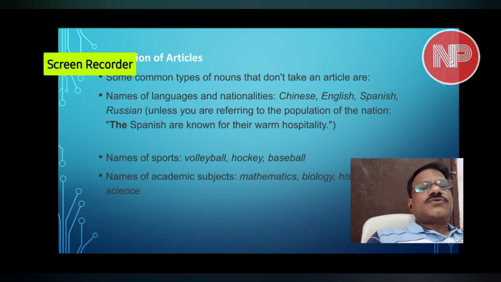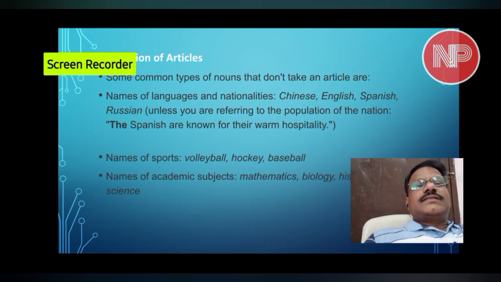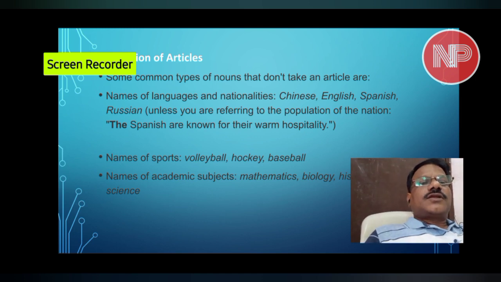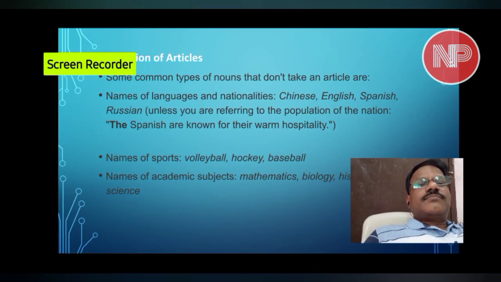The Spanish are known for their warm hospitality. See, names of sports, volleyball, hockey, baseball. So, these names will not take any kind of article. Okay, we should omit articles while using these nouns in a sentence.